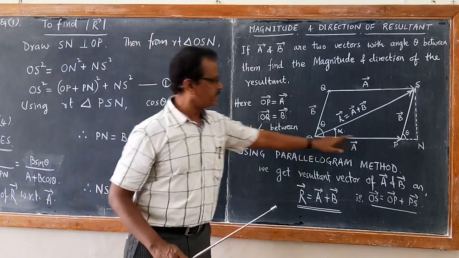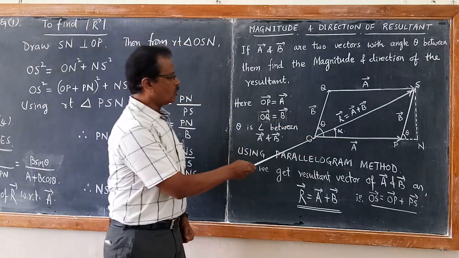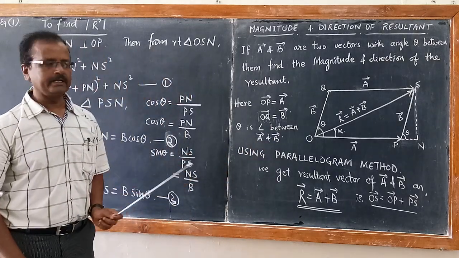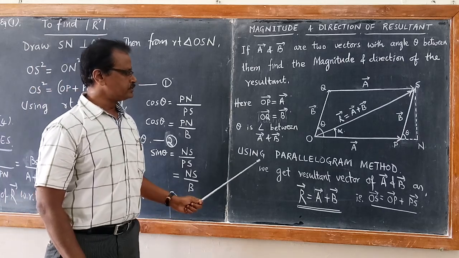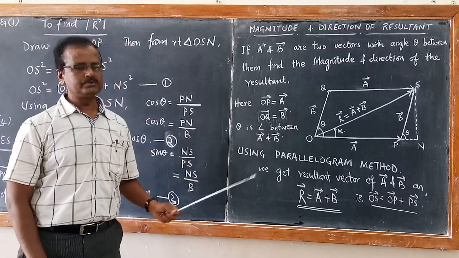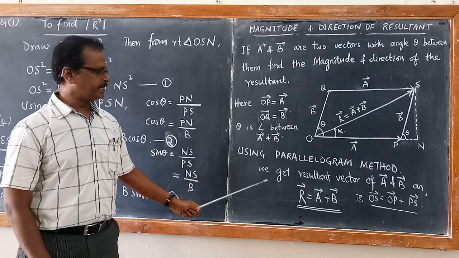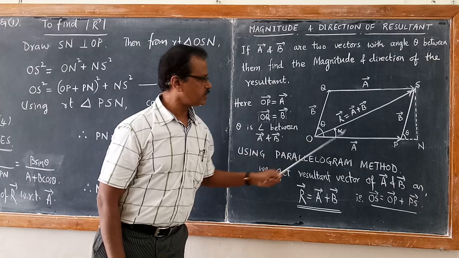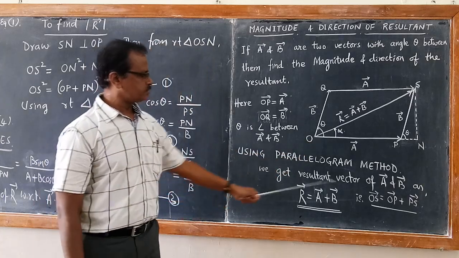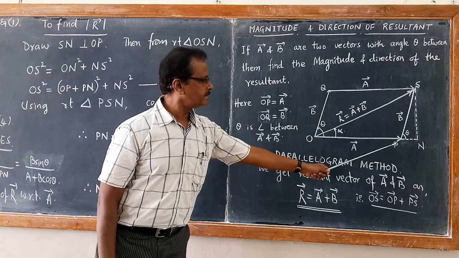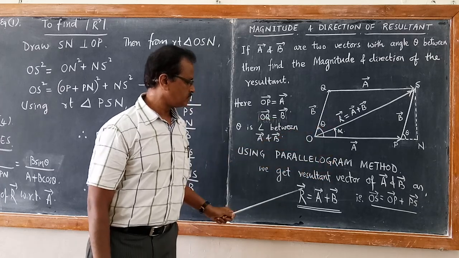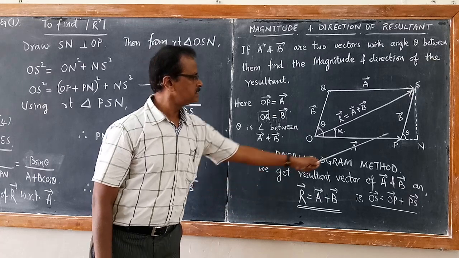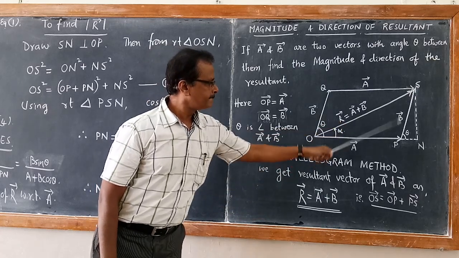Given OP is vector A, OQ is vector B, and theta is the angle between them. Using the parallelogram method, we get the resultant vector R, which is OS. OS vector is equal to OP vector plus PS vector. Vector R is equal to vector A plus vector B, because PS is a parallel vector.